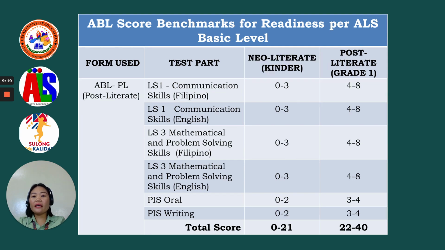But in the ABL post-literate, if the total score is 0 to 21, meaning that particular learner is a Neo-literate or in Kinder level. But if the total score is 22 to 40, meaning that learner is a post-literate, that's the level equivalent to grade 1.